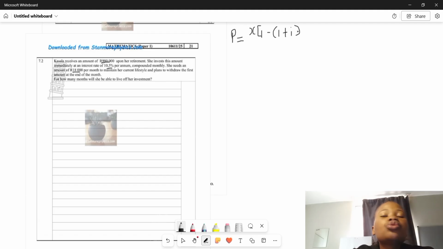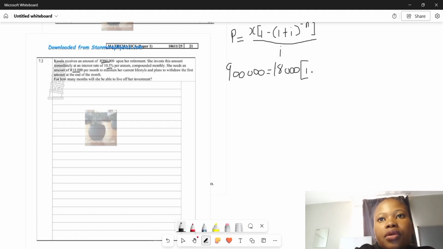So now we are going to substitute everything. 900,000 multiplied by, 18,000 is the monthly payment that she will be getting, and the interest 0.105, and because it's monthly we divide it by 12, and then all to the power of negative n.